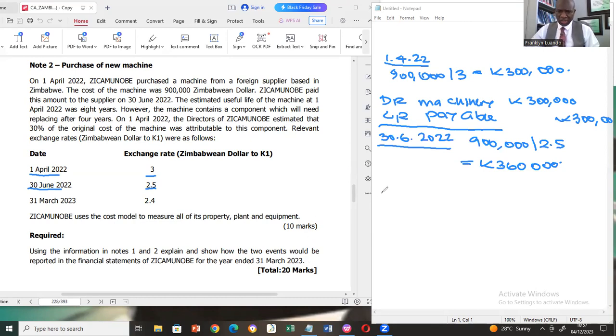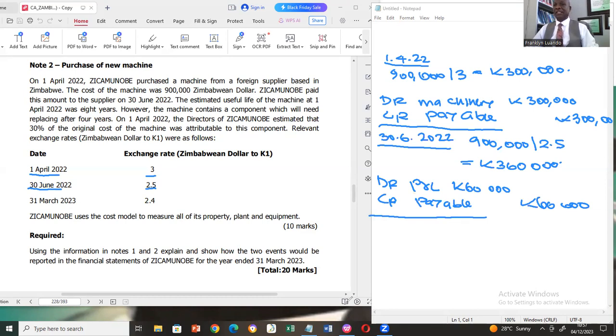The journal entry here will be debit the P&L with the loss of 60,000, credit the payables, because in the payables account we already have the 300,000, so you increase it by 60,000. So that is how you deal with the monetary item.